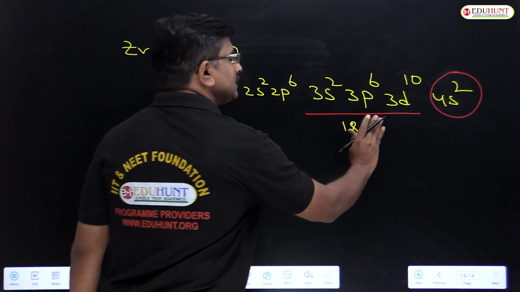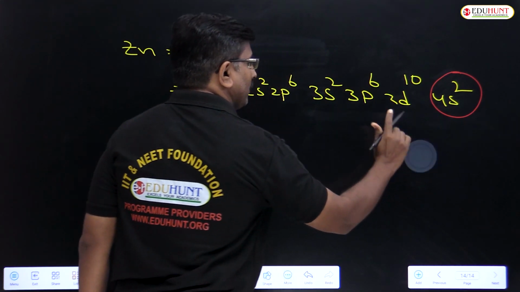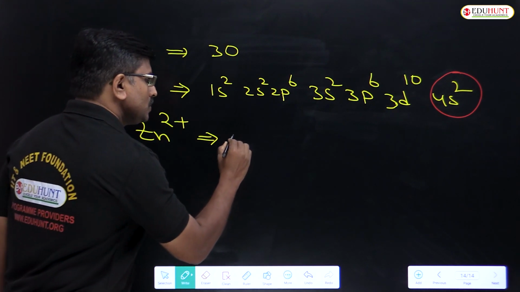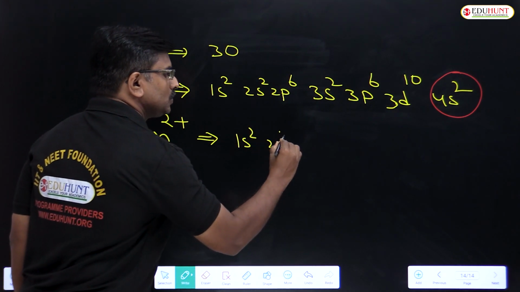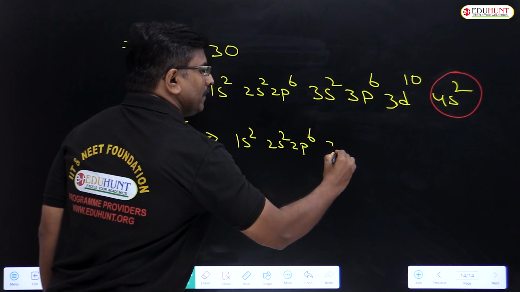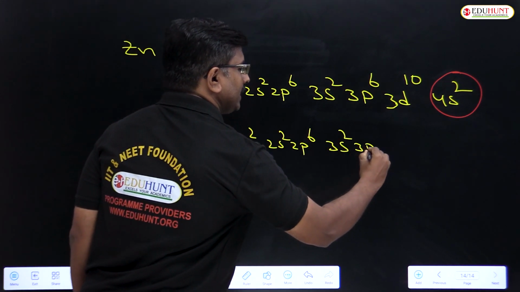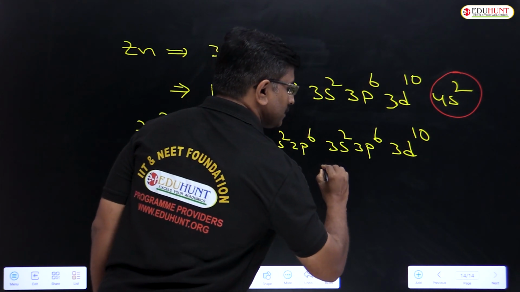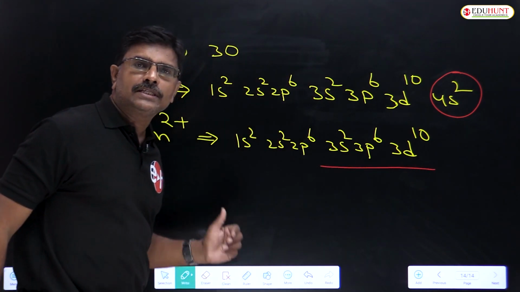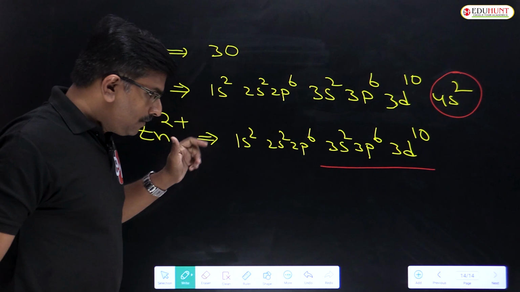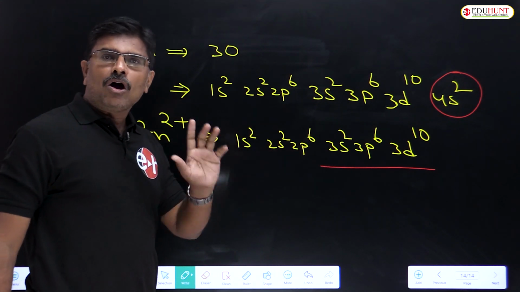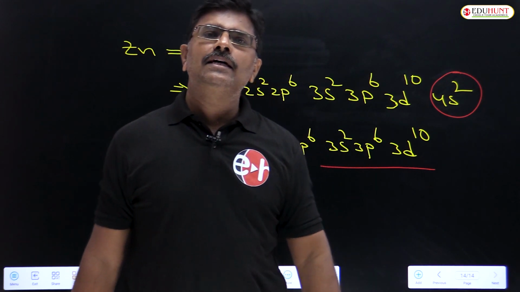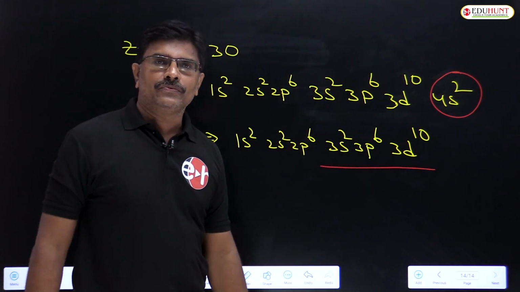So I'll write this in the Zn2+ configuration: 1s2 2s2 2p6, 3s2 3p6 and 3d10. So this becomes the valency configuration now for the Zn2+ ion, and this configuration of 18 electrons in the valency is called the pseudo inert gas configuration.